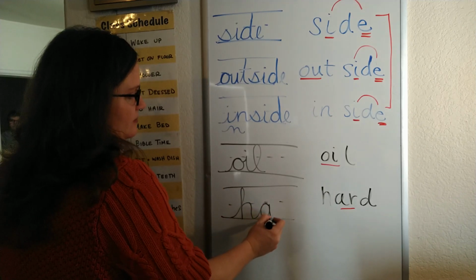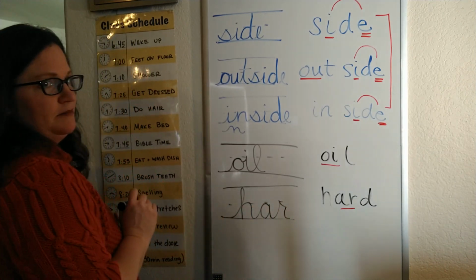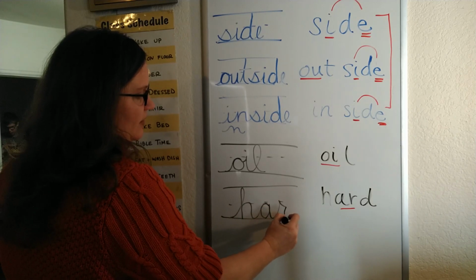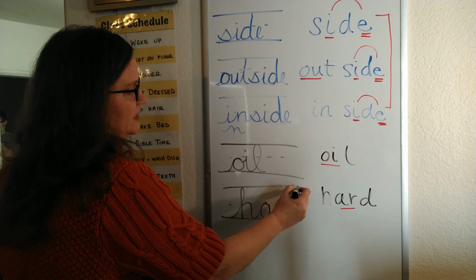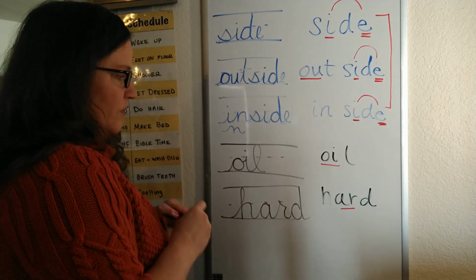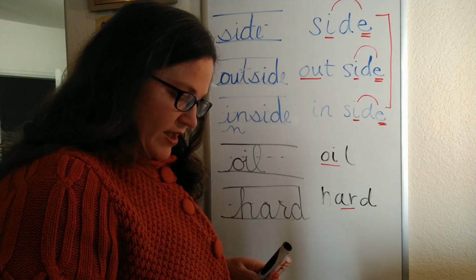R is uphill, so we're going uphill to midline, down the shelf, back to baseline. And D is a clock letter, so stop at 2 o'clock, come back around to connect, straight to the top, straight to the bottom, and a tail. Very good. Hard. Go ahead now.